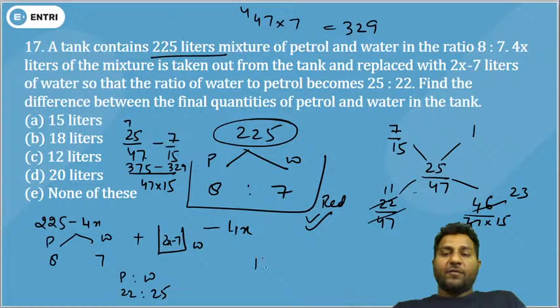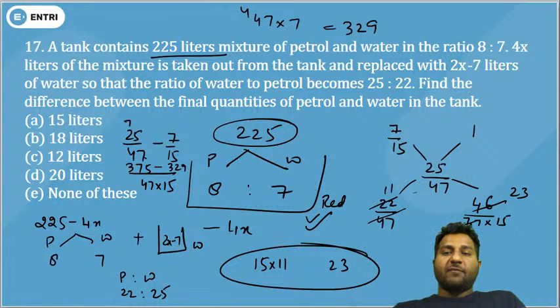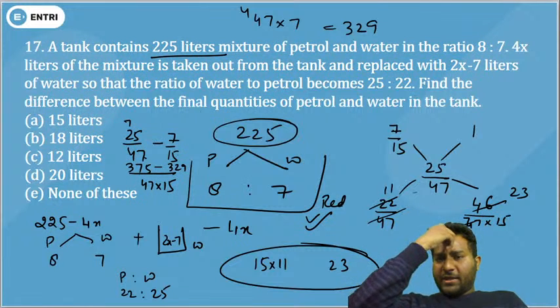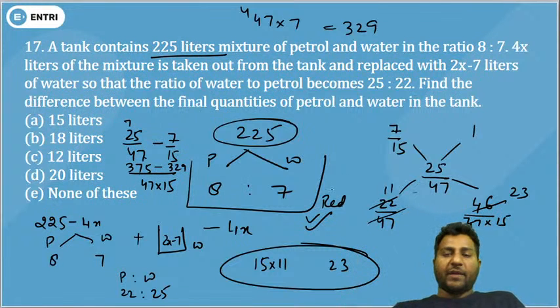All right, 15 into 11 and 23 ratio have been arrived, and it must be equal to 4x by 225 minus 4x upon 2x minus 7. So you can find the value of x. You can equate this: 15 into 11 divided by 23 must be equal to 225 minus 4x.